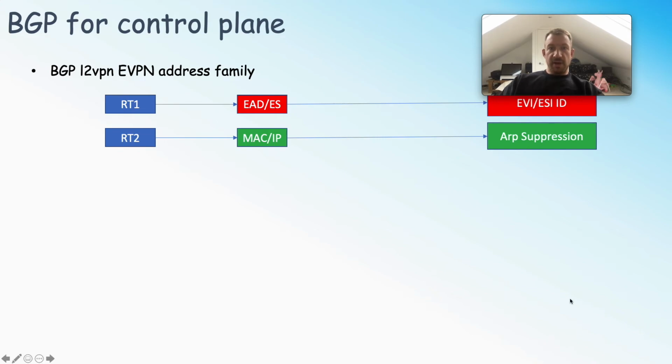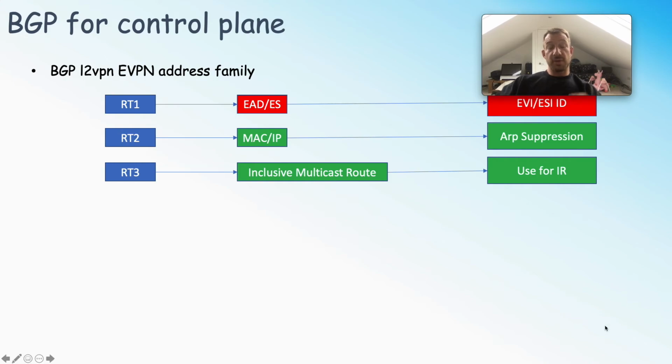What else do we have? We have route type 3s. That's the inclusive multicast route, used for ingress replication. Ingress replication is where a multicast packet comes in to a leaf and needs to be sent to multiple remote leaves, so the ingress leaf creates a single packet per remote destination and sends multiple copies.